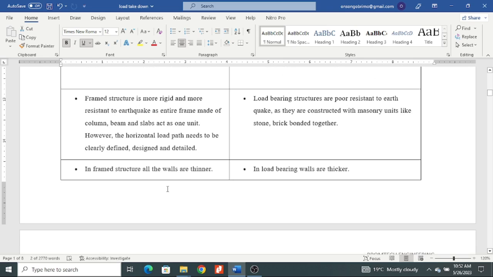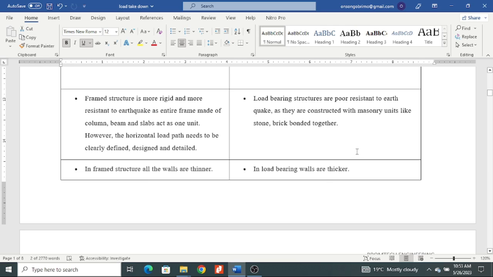In frame structures, the walls can be thinner. You can make walls as thin as 100 millimeters. You can make walls out of anything, including timber or gypsum, or you can use steel, masonry, or anything you want to make walls with, because walls here are basically partitioning of one room from the other.